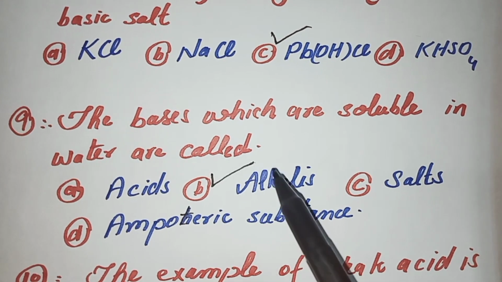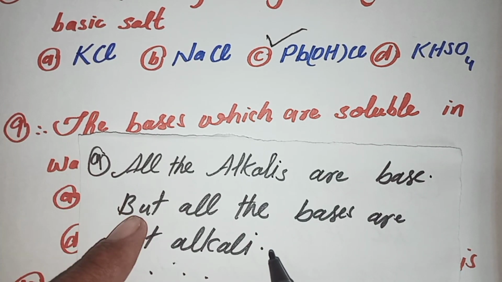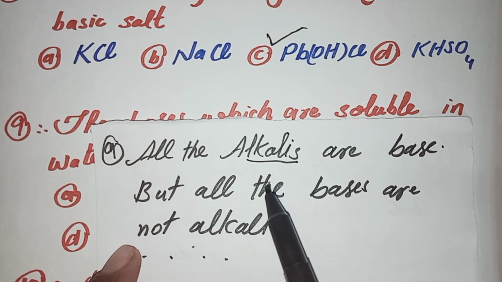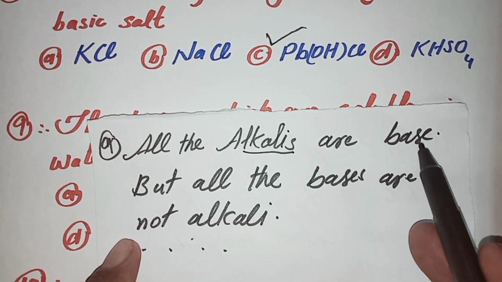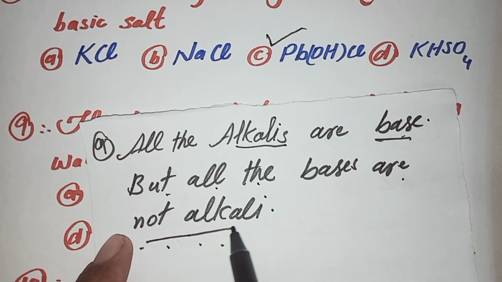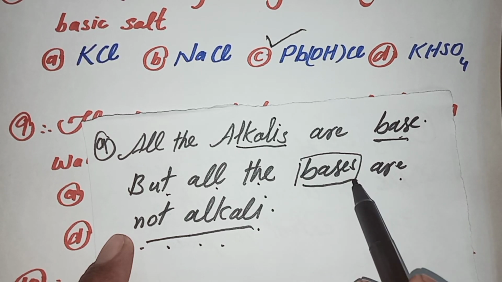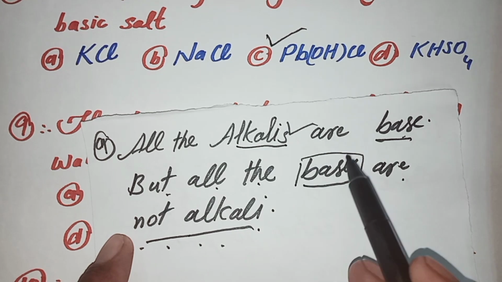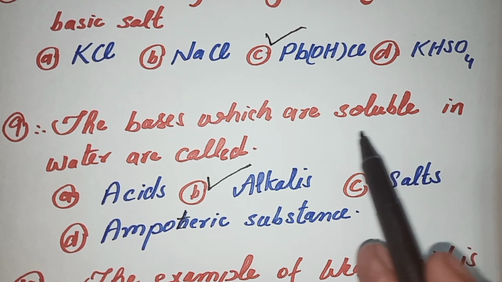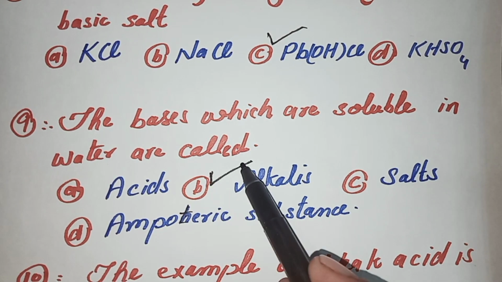Option B is correct. We have a statement that all the alkalis are bases, but all the bases are not alkalis. This is because the base which can dissolve in water is called alkali as well as base. So the option B is correct.